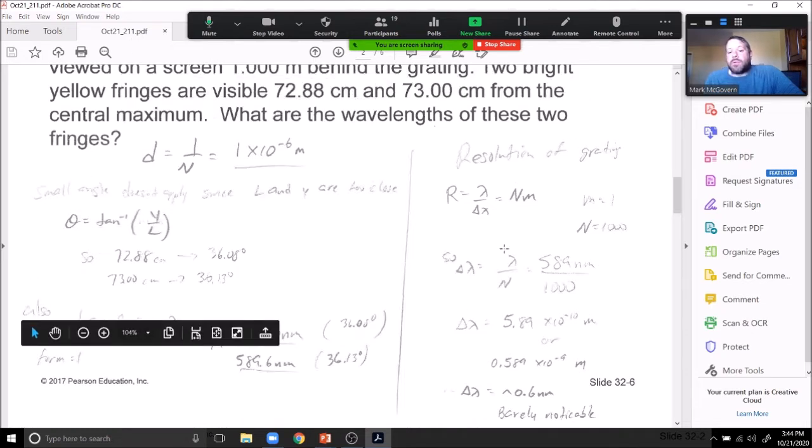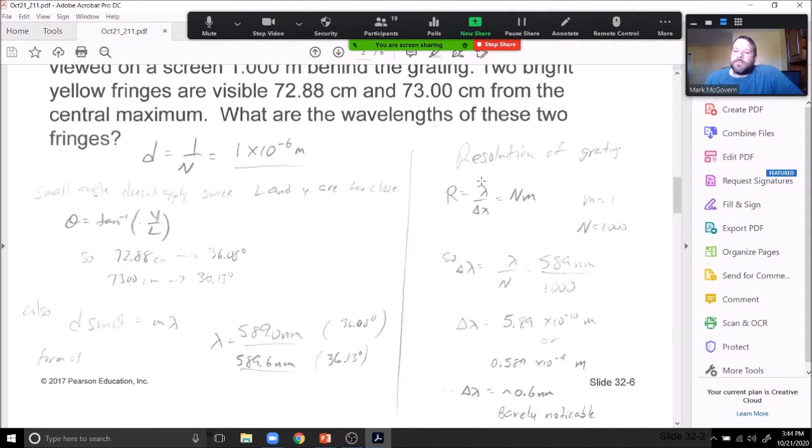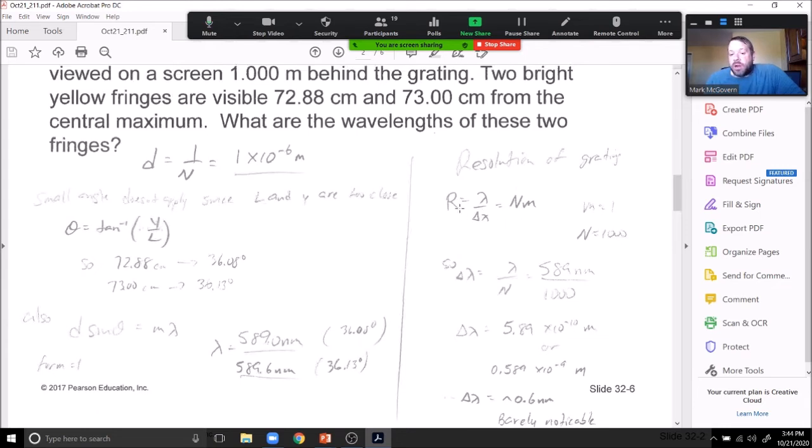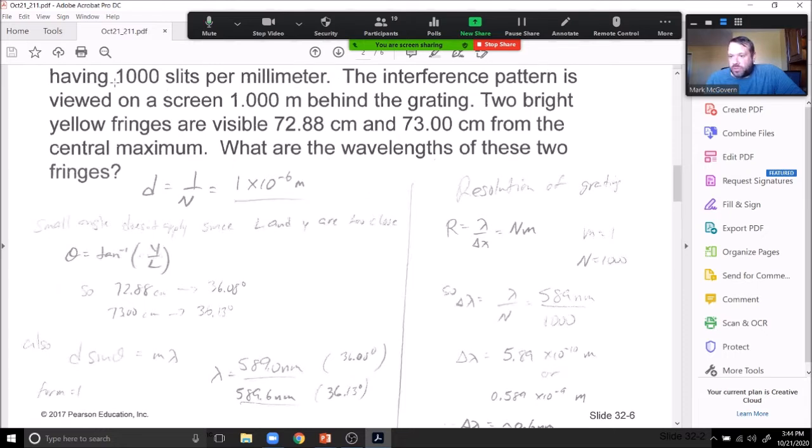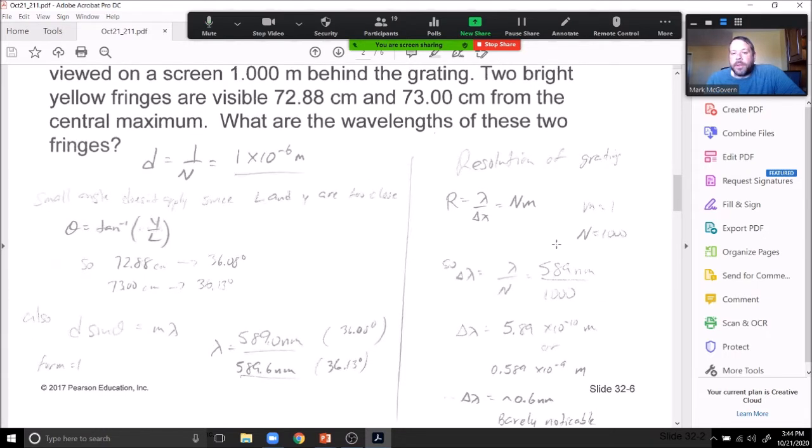So we talk about a resolution, and the way we define it is the wavelength that we're particularly interested in divided by the smallest increment of delta lambda that you can see. And you want to solve for this delta lambda. That's the idea. The R value is the same as the slits per millimeter here.